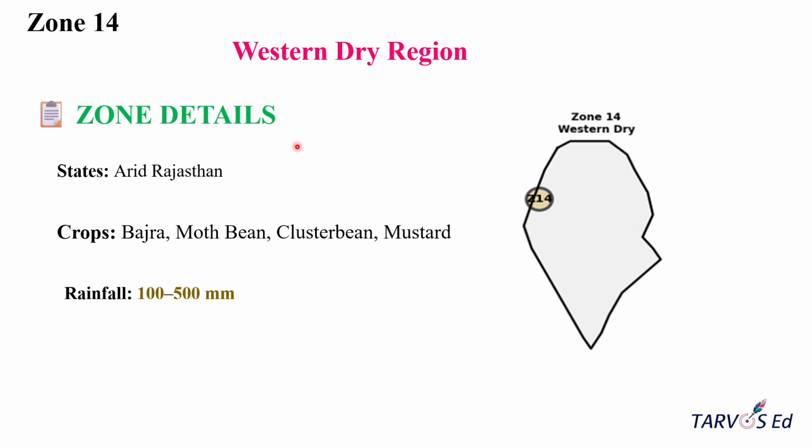So zone 14 represents the challenge of farming in desert conditions, where agriculture depends heavily on water conservation and drought tolerant crops. That's why we call this the driest zone in India, since there is very low rainfall.